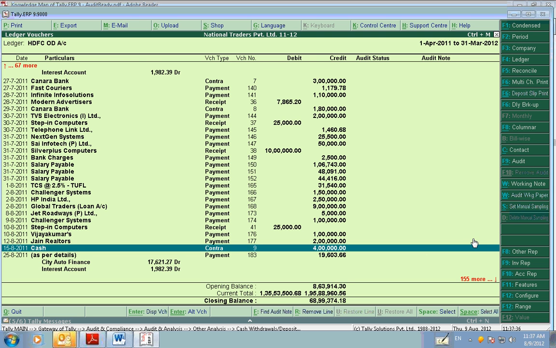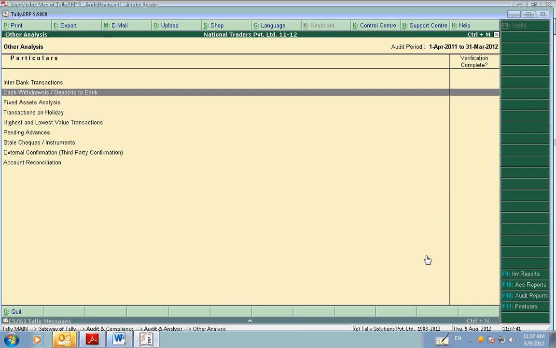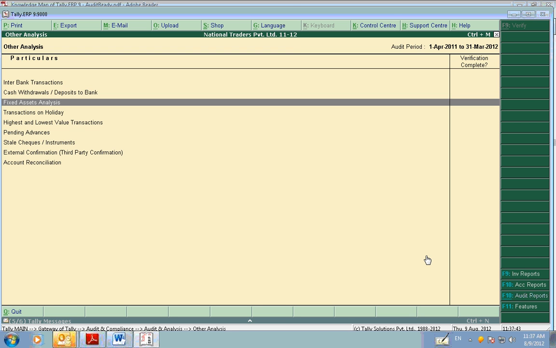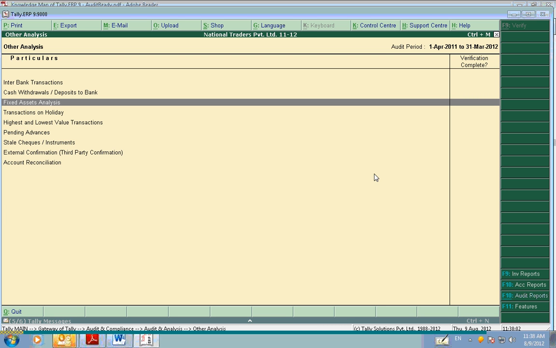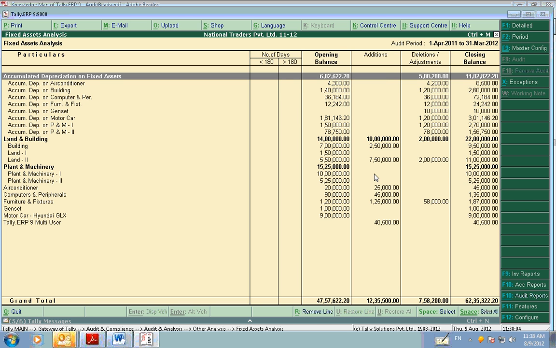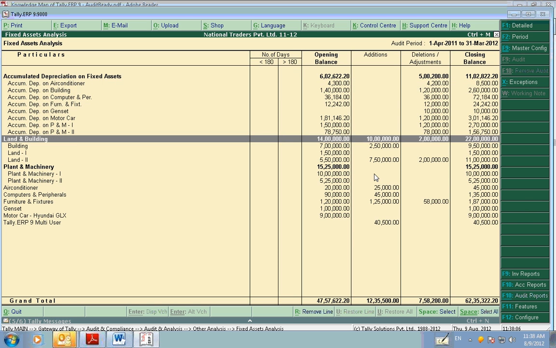Clear? Now coming to the fixed asset analysis: what are the additions, what are the depreciations that happened? Have we accounted for them? Has any asset disposal happened? All that information can be checked in this particular fixed asset analysis. So here if you check, let us move to this land and building. It says an opening balance of 14 lakhs, and later there was an addition, and later there was a deduction and adjustment, and the closing balance is residing at this.